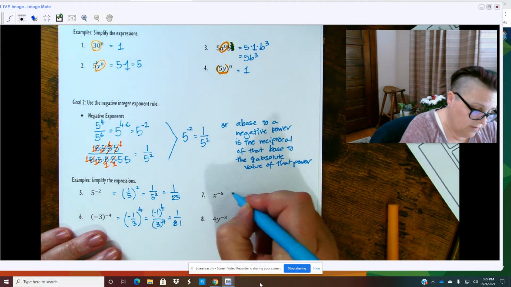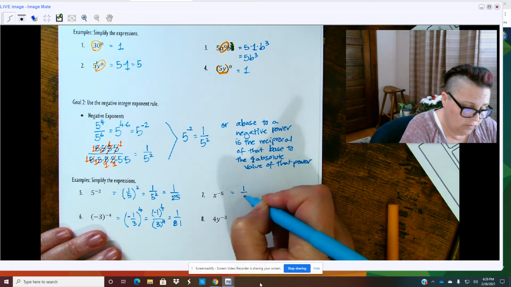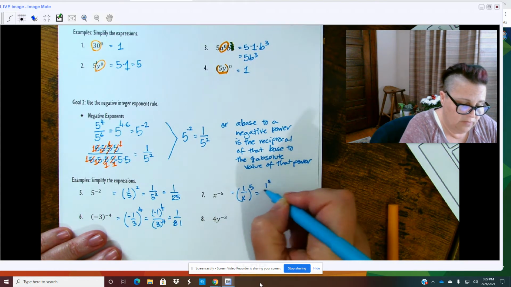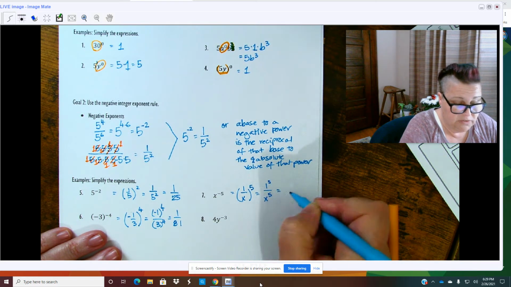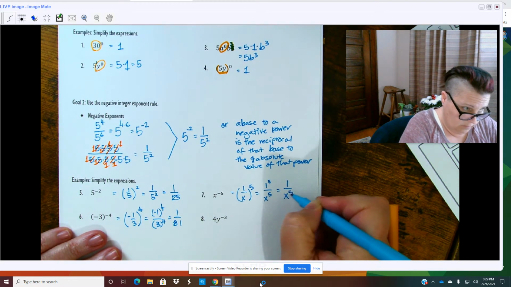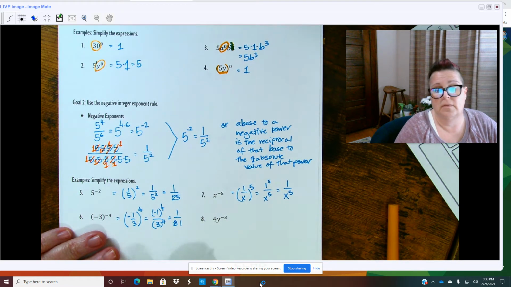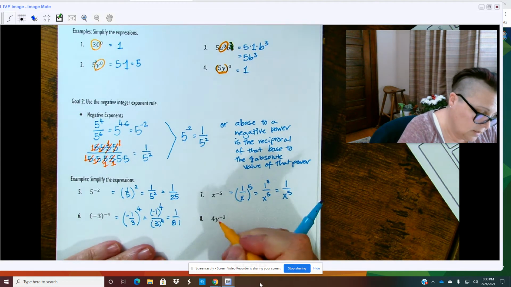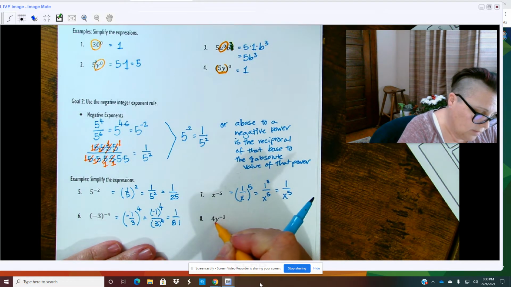X to the negative 5th is the same as 1 over x to the 5th, or 1 to the 5th over x to the 5th, which is just going to be 1 over x to the 5th. 4y to the negative 3rd. Careful of where your base is. This negative 3 is only on the y.